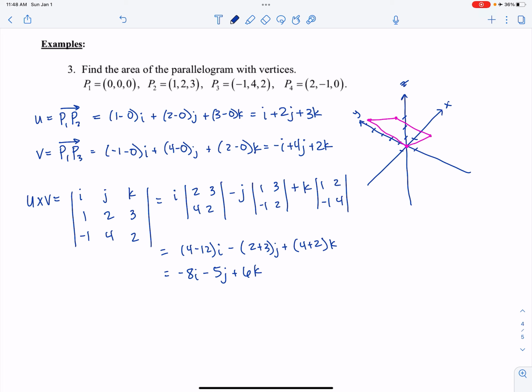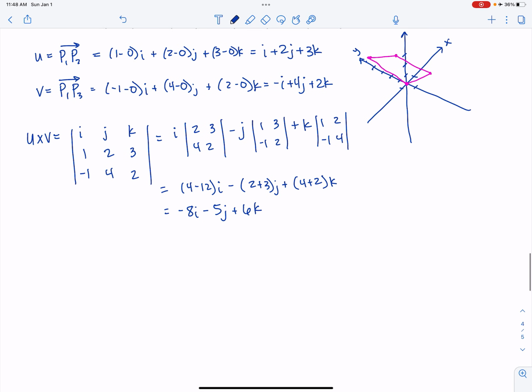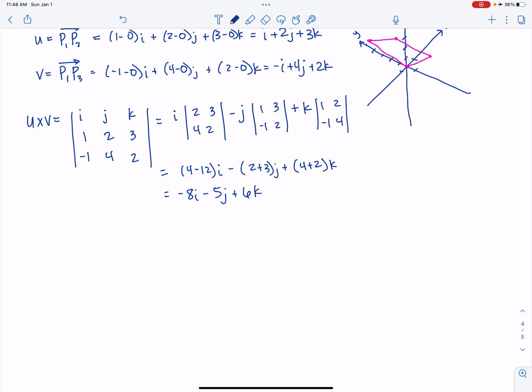And we really want an area. So we want the area of this cross product, this u cross v. We want the magnitude of it. Our area is the magnitude of u cross v, which would be the magnitude of this vector we found.